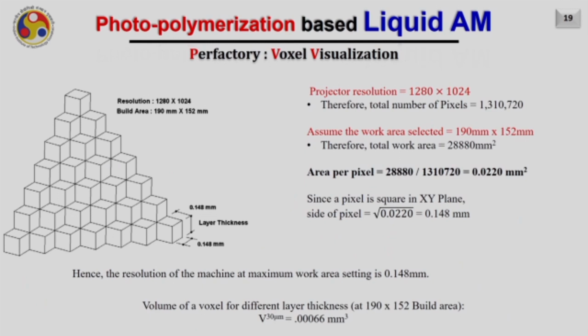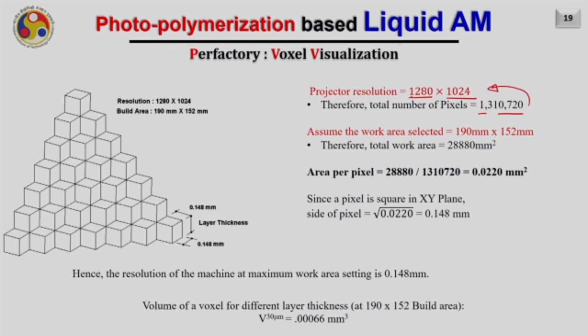Let us consider an example. I have a projector or a UV light or a DMD system which has a resolution of 1280 by 1024. That means there are a total of 13,10,720 pixels available in this micro device.